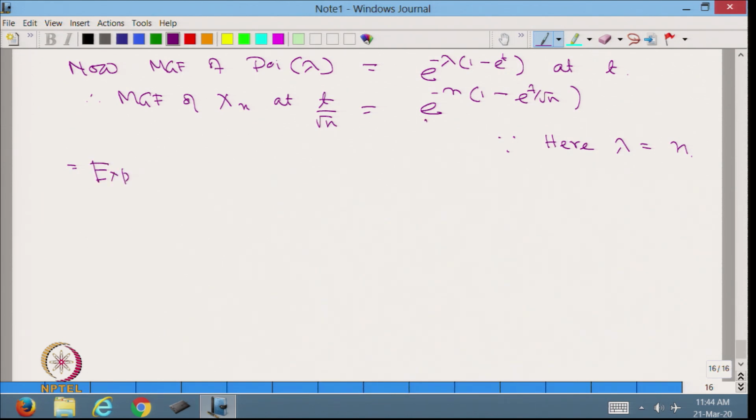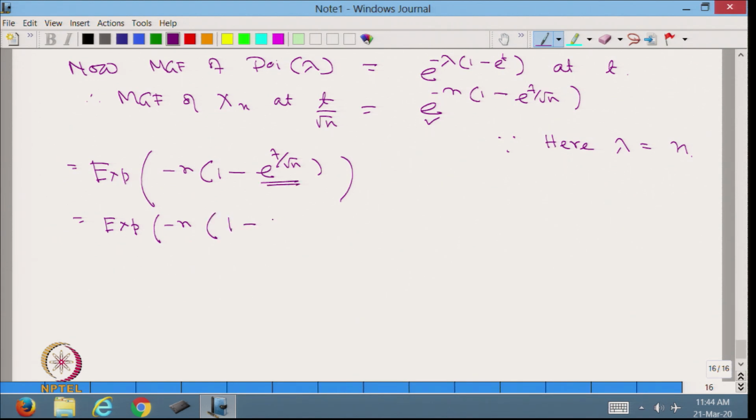I am writing this as the exponential function: exp of minus n into (1 minus e to the power t by root n).